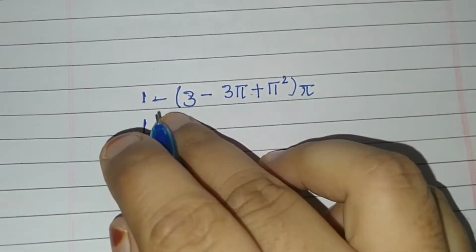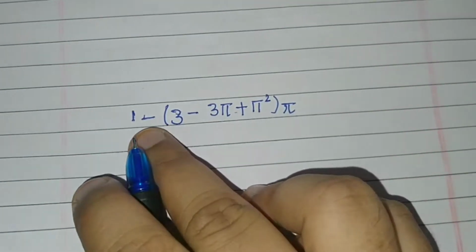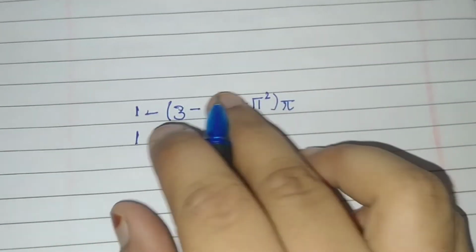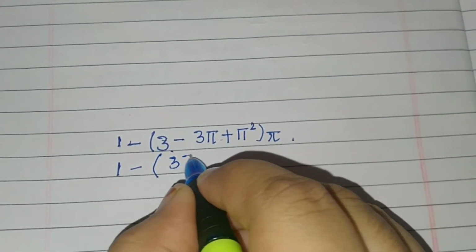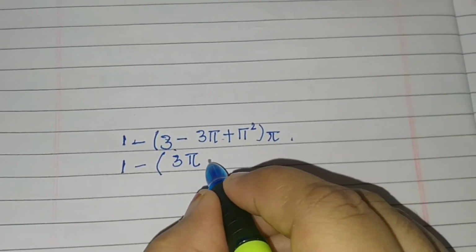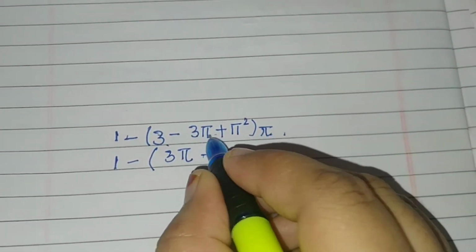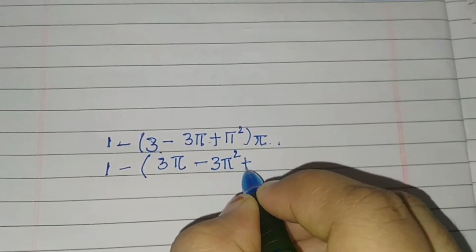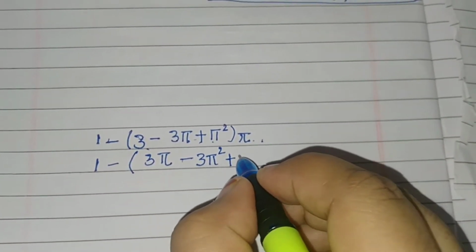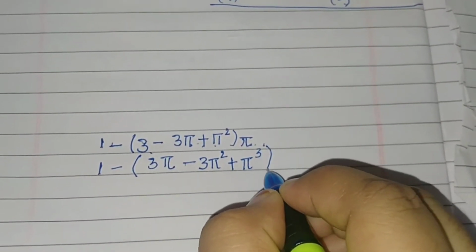1, when you open this bracket. So first do one thing, before going to open this bracket, just multiply this pi to all the numbers. So what are you going to get here? 3 into pi is nothing but 3 pi. So minus 3 pi into pi is nothing but 3 pi square plus pi square into pi is nothing but pi cube.